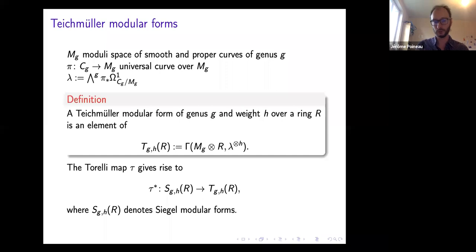You have a Torelli map, sending a curve to its Jacobian, which gives a map from the space of Siegel modular forms to the Teichmüller modular forms. It just says that if you know how to evaluate something on an abelian variety, you can give a value to any curve just by considering the value it takes on its Jacobian. And what does this have to do with the theory of Schottky spaces?